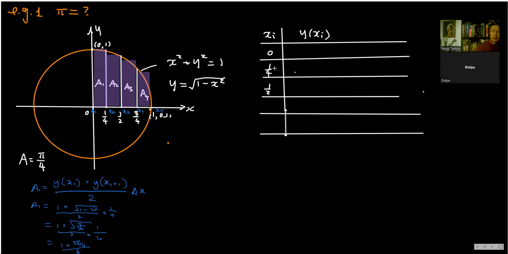Is that all? 1, 2, 3, 4, 5, yes. So that is 1, can you see? 3/4. Can you work out this number first? So what is, yes, 1, that is the first 1.